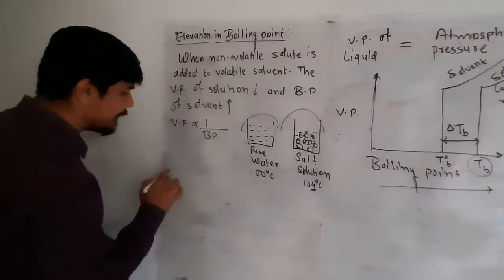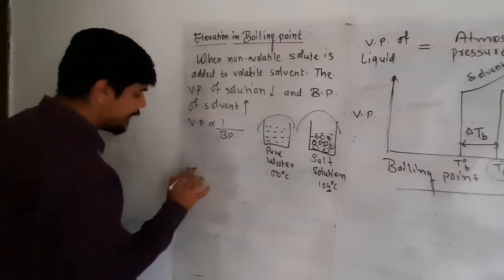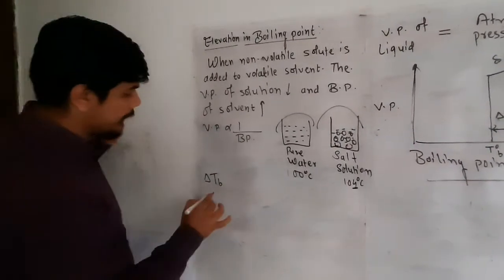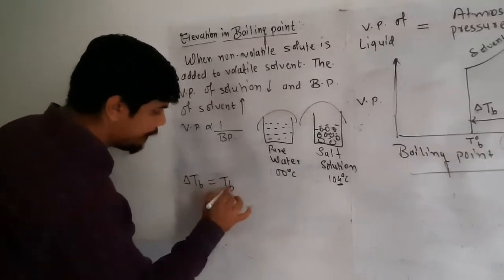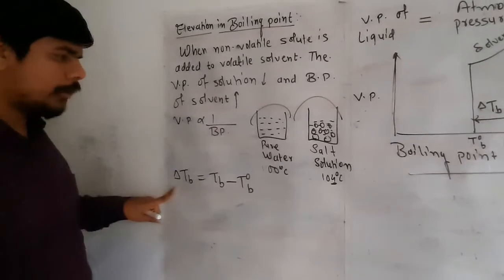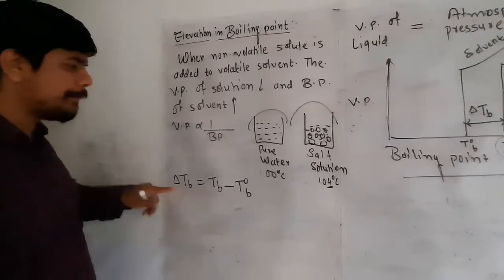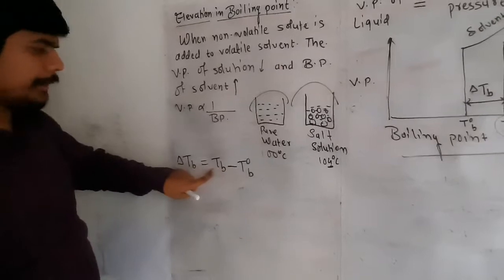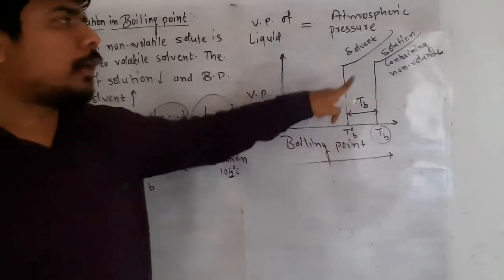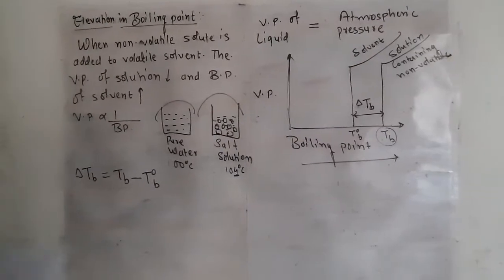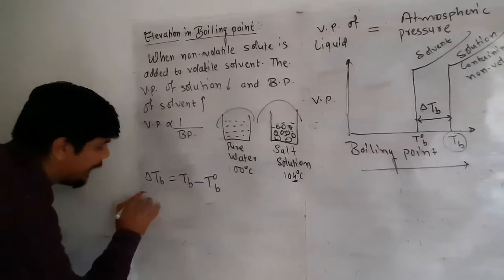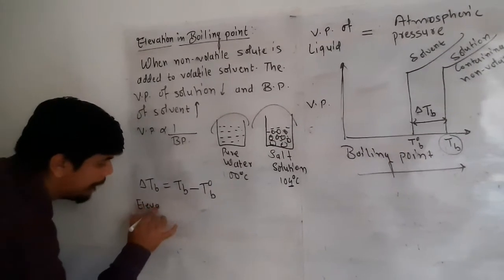So I can write delta TB, that is the elevation in boiling point, is equal to TB minus T0B. Here delta TB is the elevation in boiling point, TB is the boiling point of the solution, and T0B is the boiling point of the solvent.